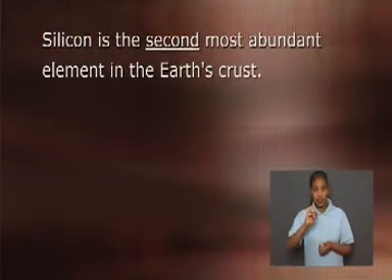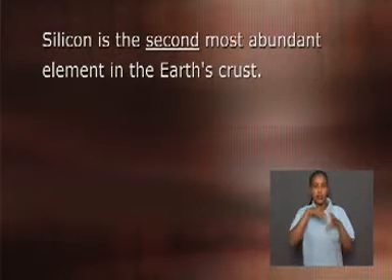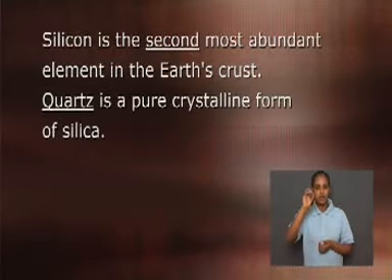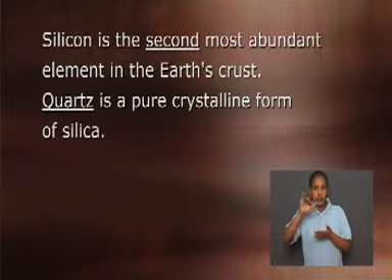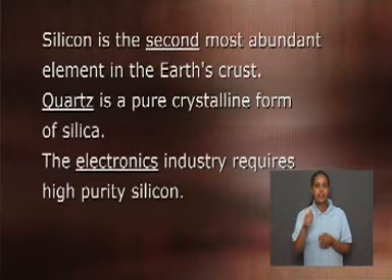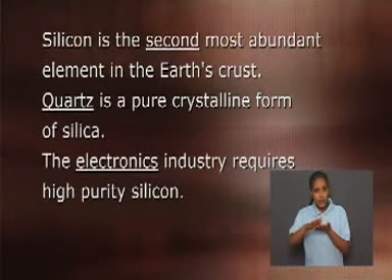Silicon is the second most abundant element in the Earth's crust. Quartz is a pure crystalline form of silica. The electronics industry requires high purity silicon.